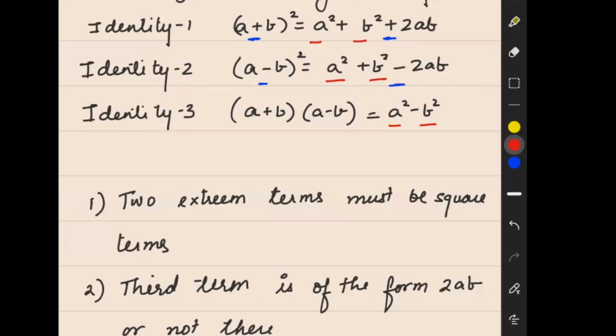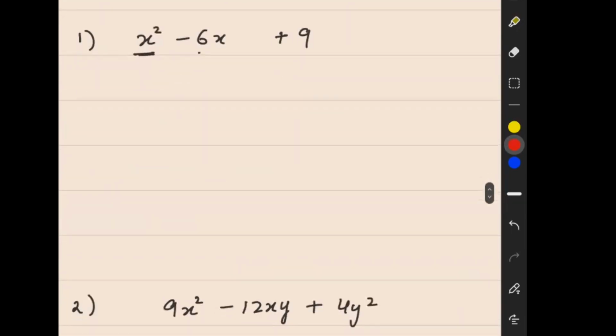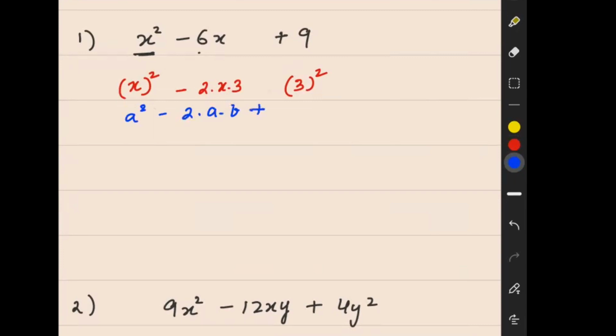Let's understand what I am explaining with the help of an example. Suppose this is the question. I understand x square is a square of x, 9 is a square of 3, and 2 into x into 3 is 6x. So that means I can see the identity here, a square minus 2ab plus b square, which is equal to a minus b whole square.